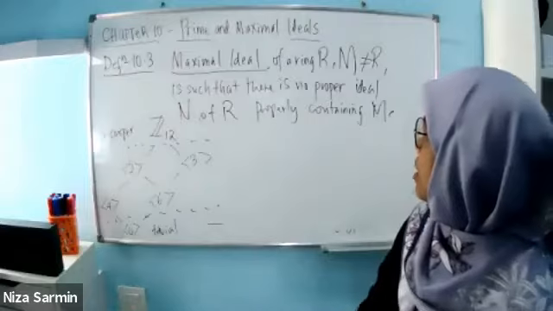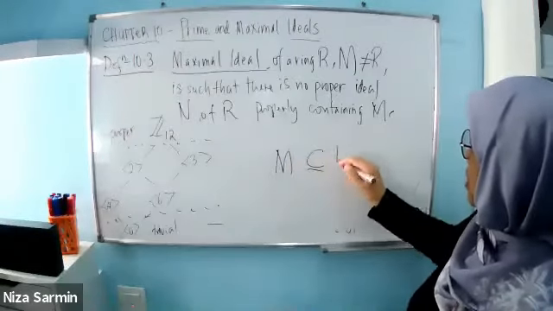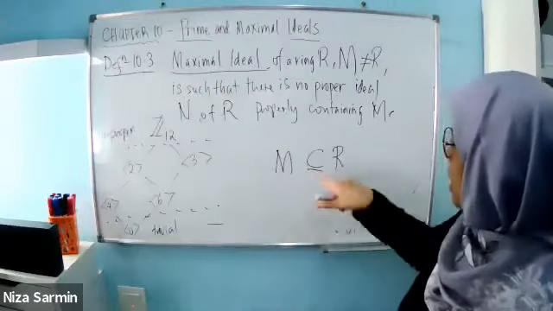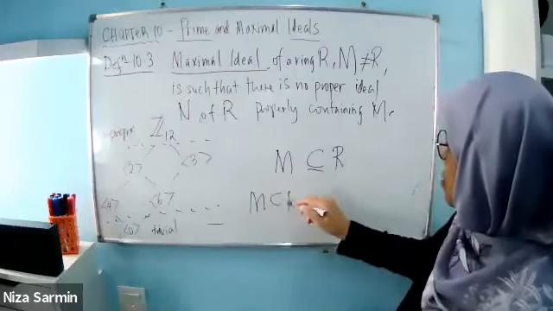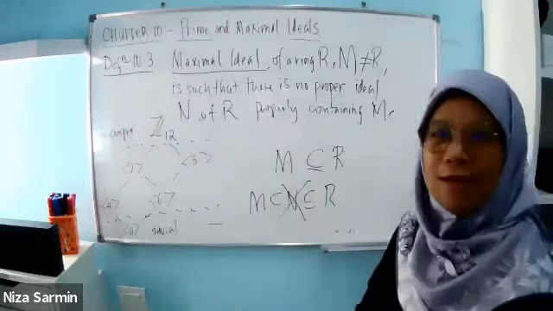So it means that if you have M, an ideal, you won't get anything in between. You won't get this N, right?